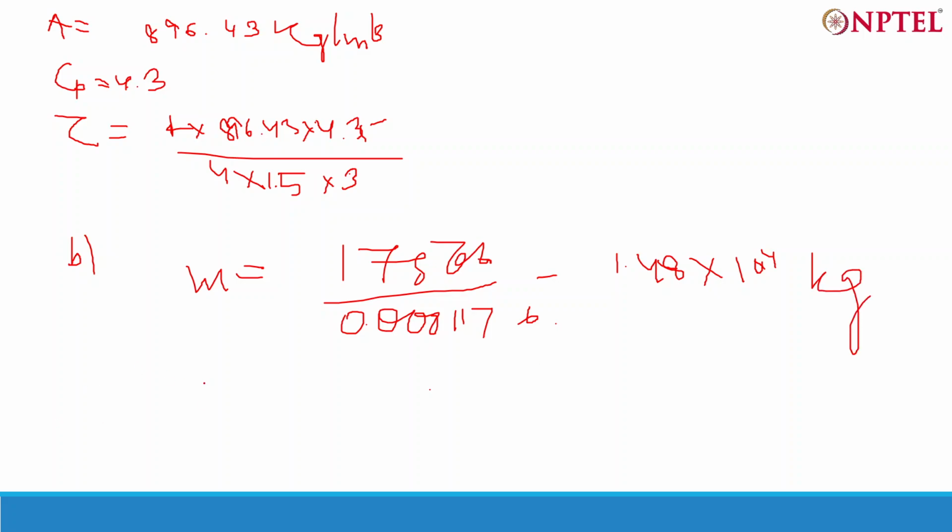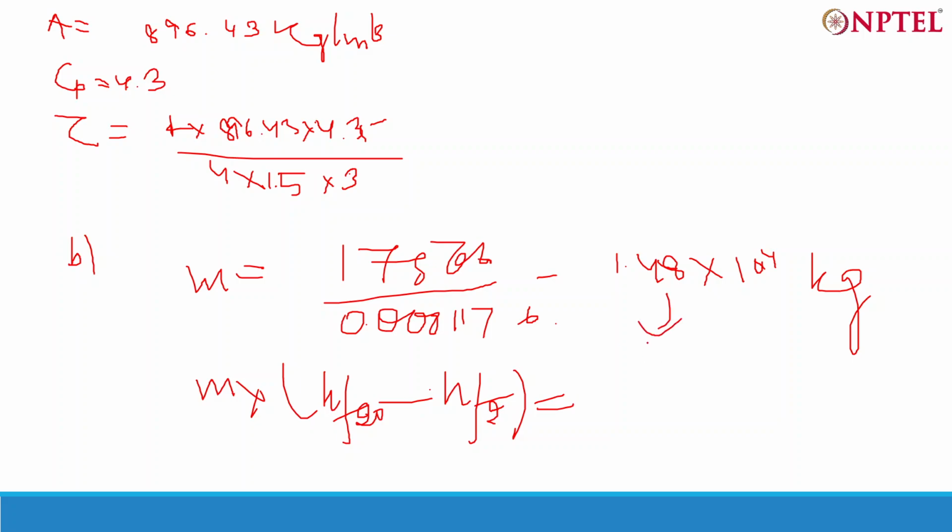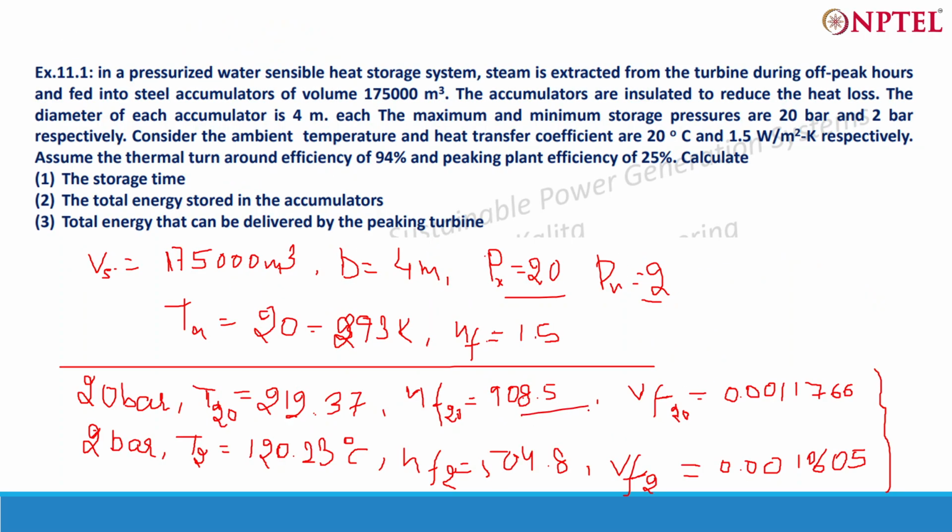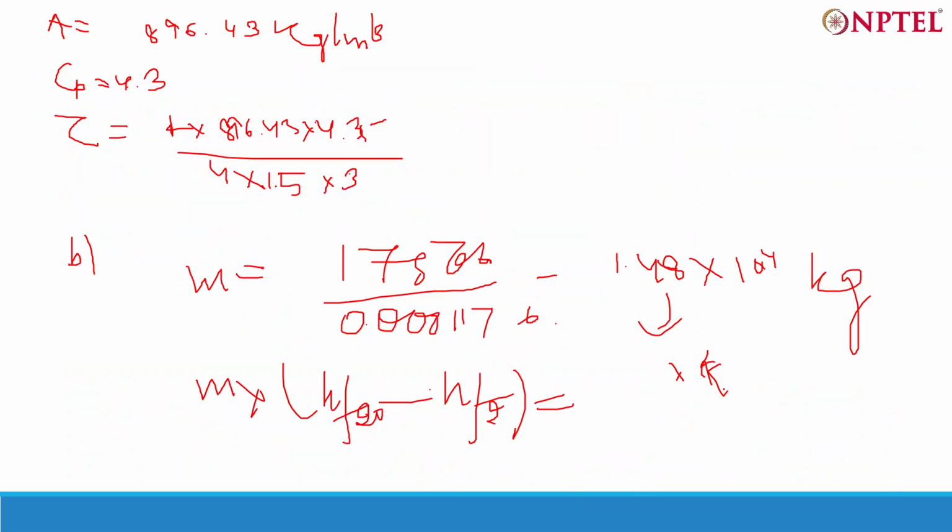So now total energy stored will be mass into HF20 minus HF2. Okay, so multiply this into, like you get the value in here, 908 minus 504.5. So take the exact value, 908.5 minus 504.5.